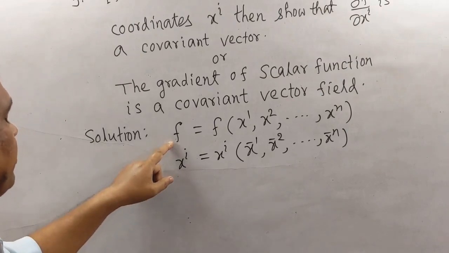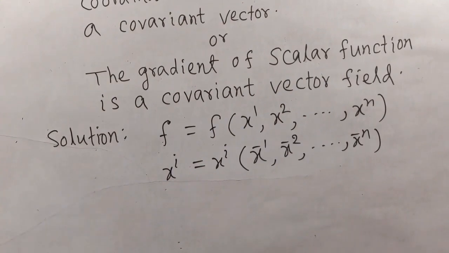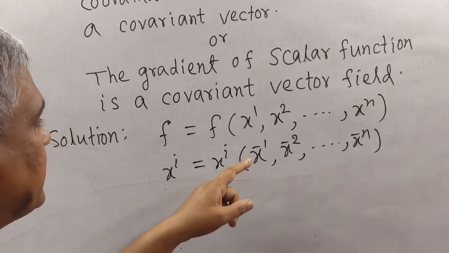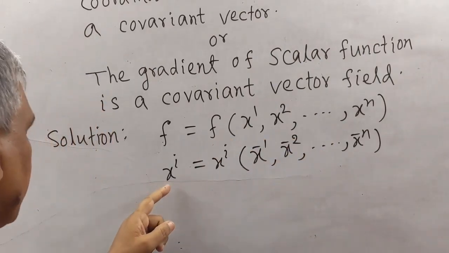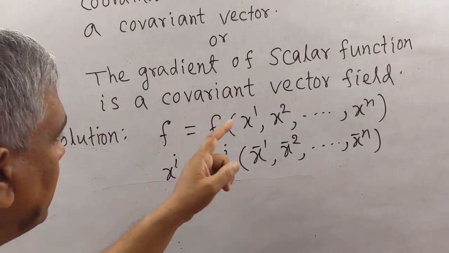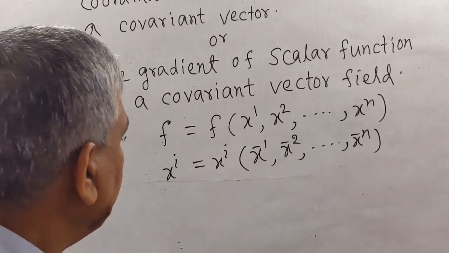This f is a function of x^i, meaning x1, x2, xn. In the x bar system of coordinates, the coordinates are x bar 1, x bar 2, x bar n. So the x system of coordinates is a function of x bar 1, x bar 2, x bar n.